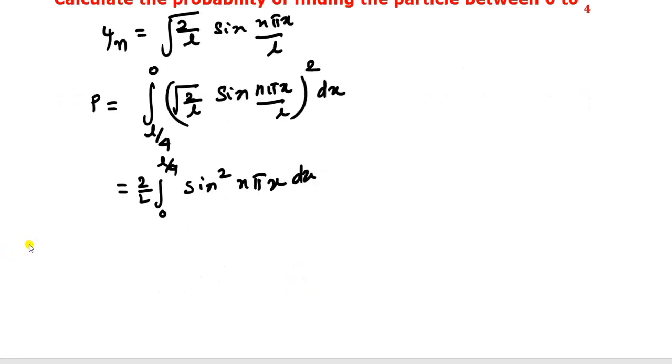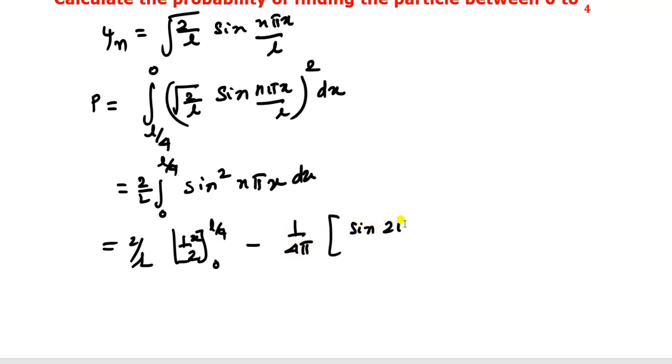By expanding this one, it is 2 by L, it will be 1 by 2 x, with limit 0 to L by 4, minus 1 by 4 pi sine 2 pi x by L, with limit L by 4 and 0.